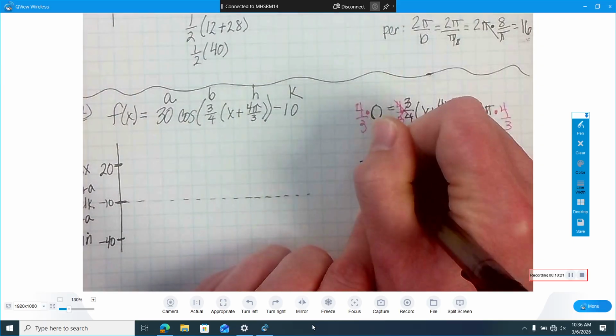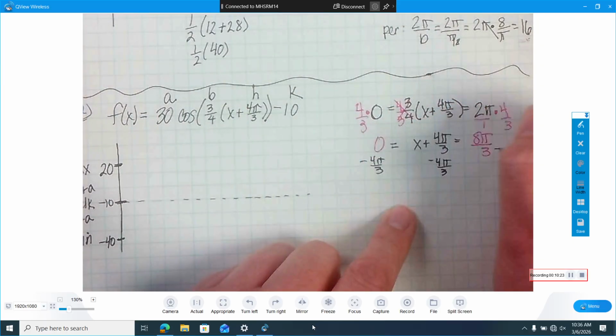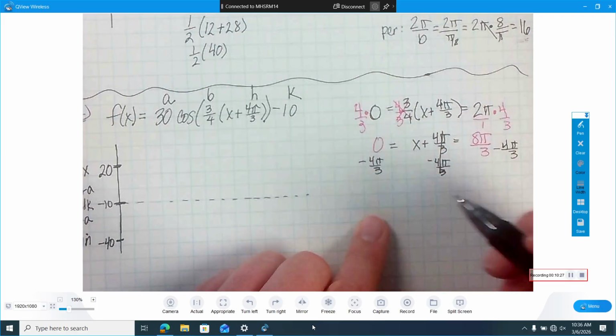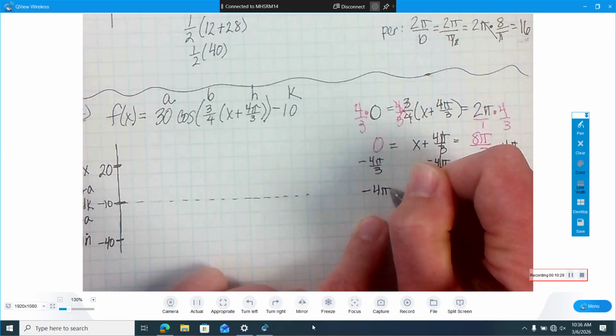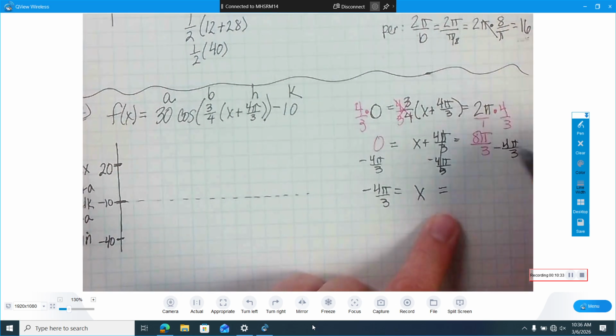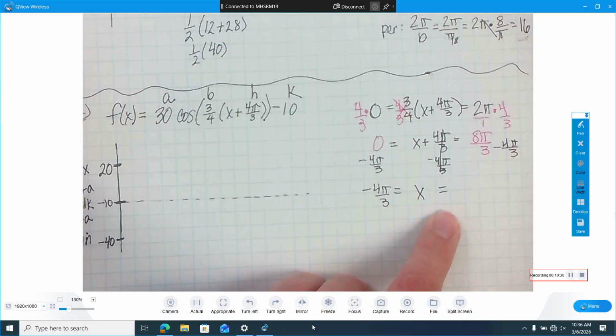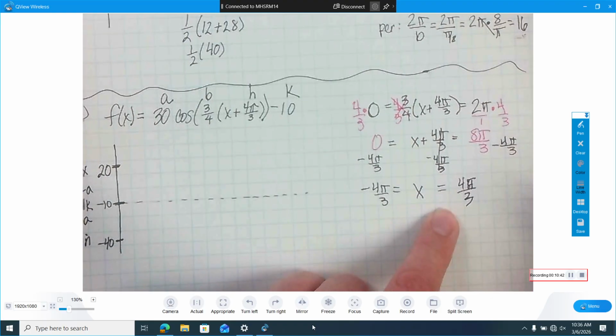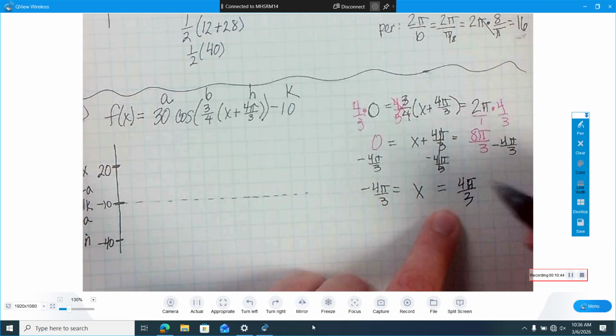Minus 4 pi over 3, minus 4 pi over 3, and minus 4 pi over 3. So 0 minus 4 pi over 3 is negative 4 pi over 3. X is alone. And 8 pi over 3 minus 4 pi over 3 is 4 pi over 3. Okay, 8 pi's minus 4 pi's is 4 pi's.